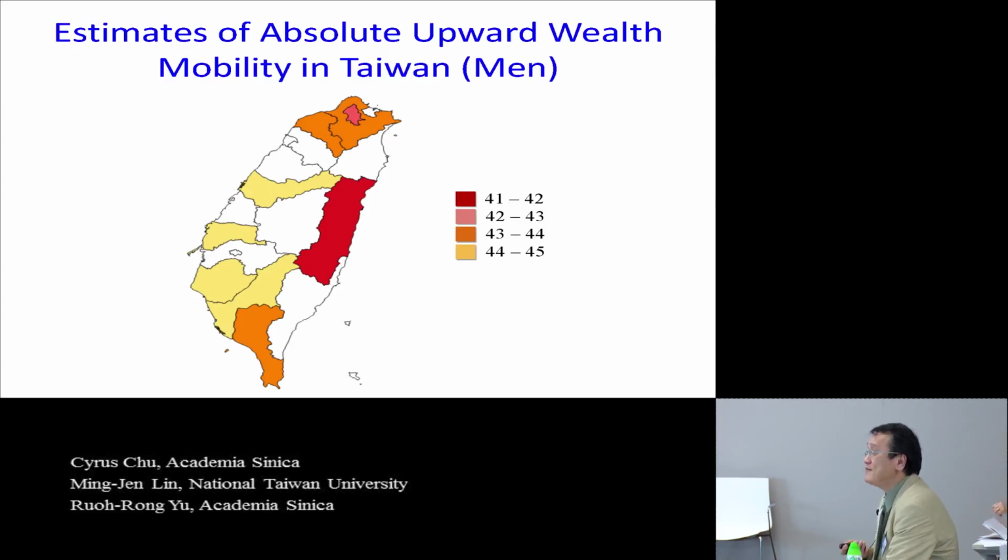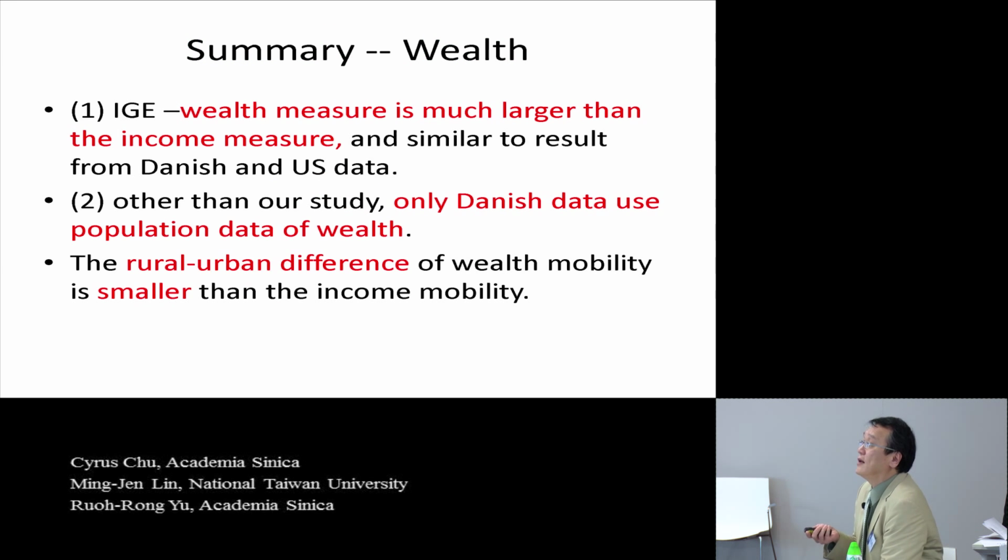Anyway, we also do that for different areas. This is the city area, urban area. This is the rural counties. So the IGE wealth measure is much larger than the income measure, and that is similar to the result for Denmark and the United States.